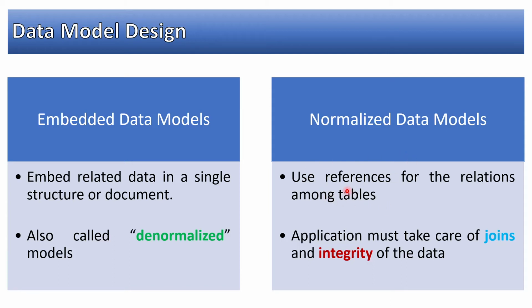When we are talking about references, it is more or less like a normalized data model, where one table is referring to the data in another table, which is a primary key, foreign key kind of relationship, right?